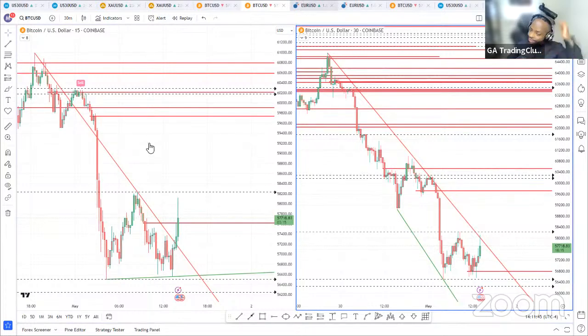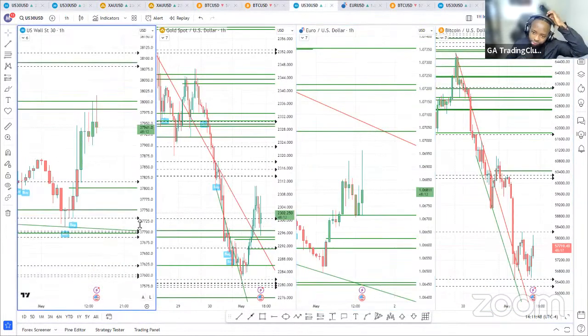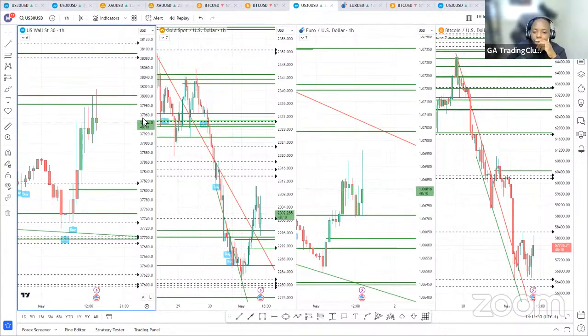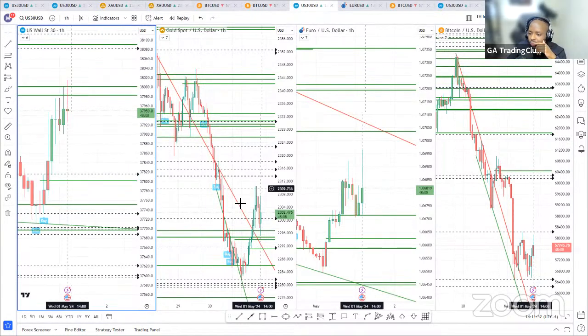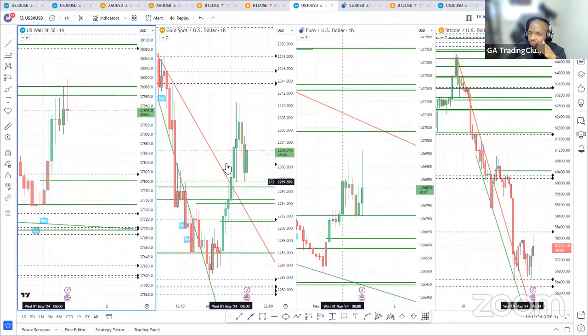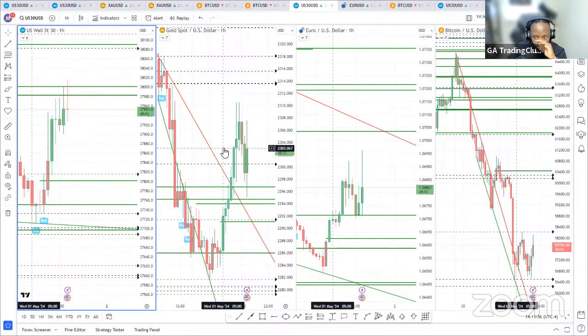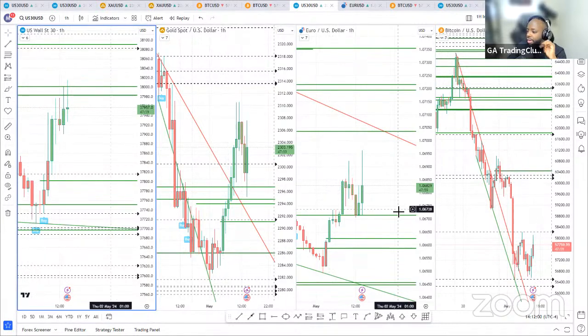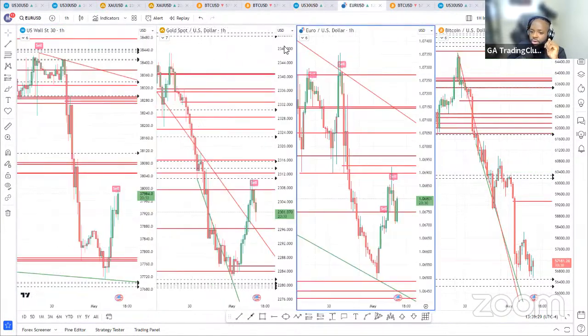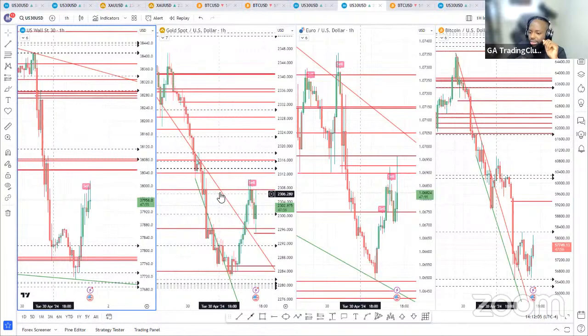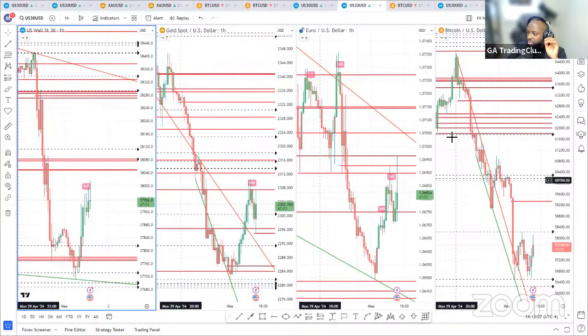On the hourly time frame, we don't get anything here. On the hourly time frame for gold, nothing here, nothing for buys. On the sell side for all these instruments, no sell side entry.